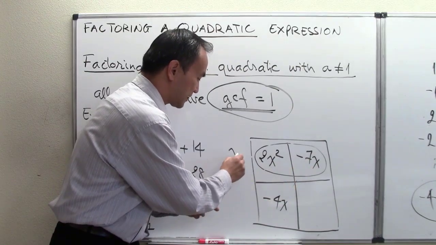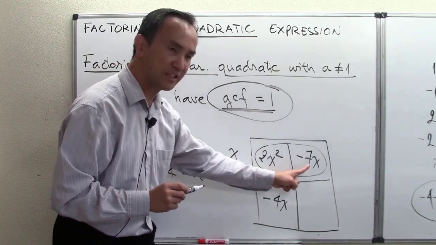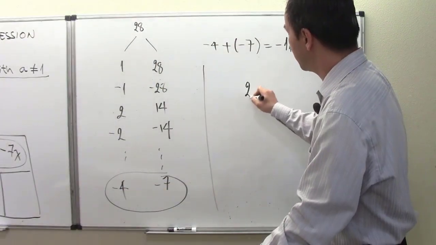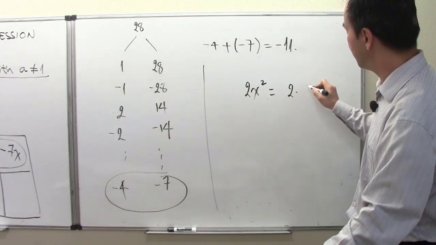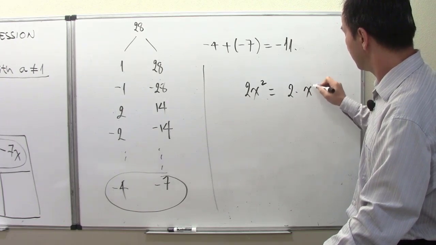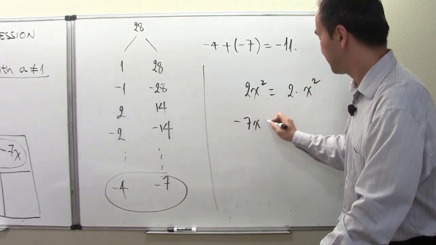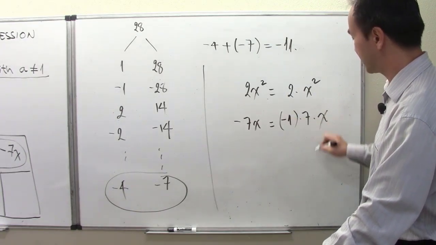So I'm going to write that x out here. Once again, x came out as the GCF of these two terms. As a quick review, 2x squared has prime factors 2 times x squared. Minus 7x has prime factors negative 1 times 7 times x.